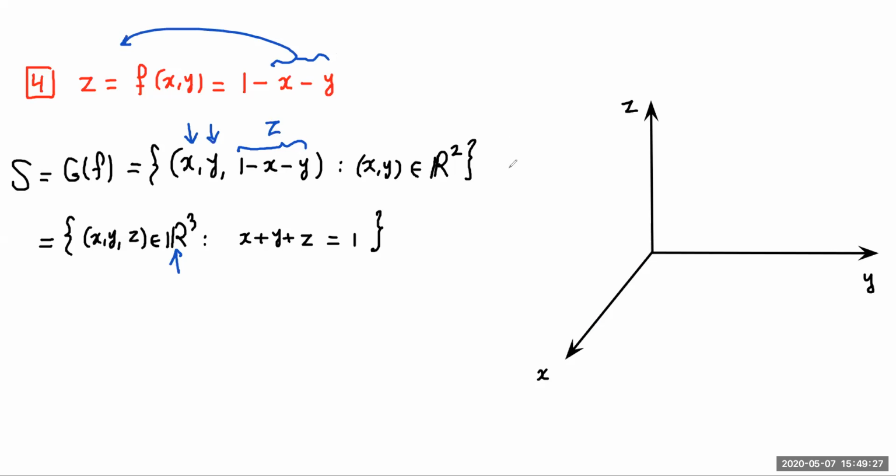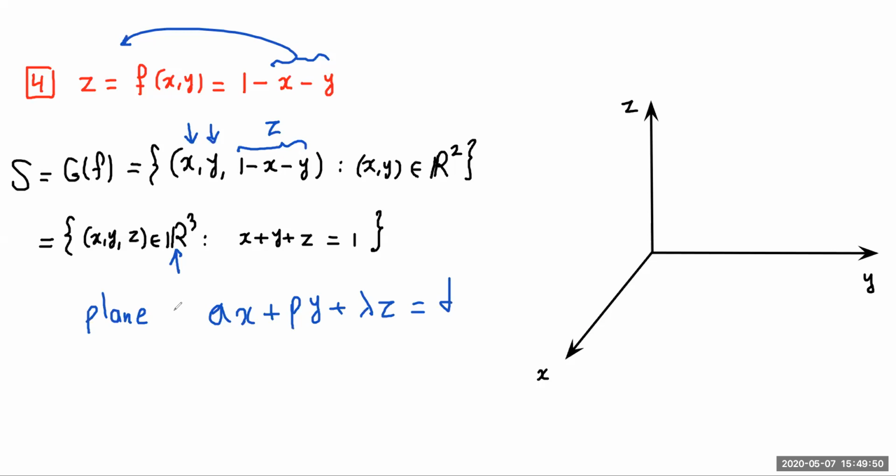Then, how to sketch all the points? I know that the equation ax plus by plus lambda z equal d, for example, is always a plane.